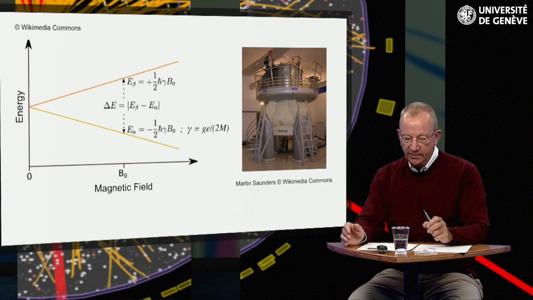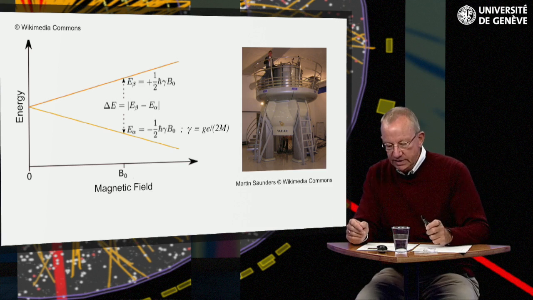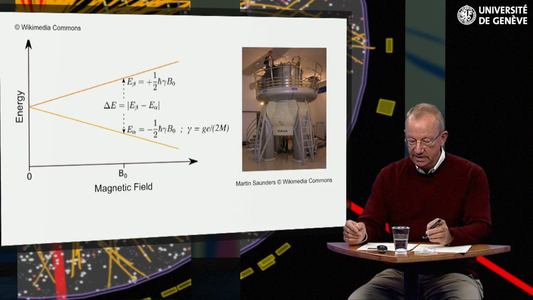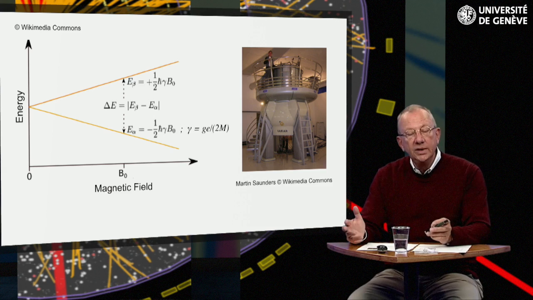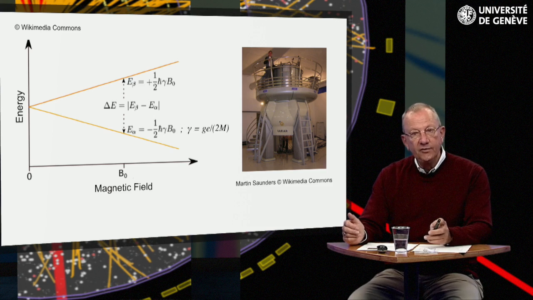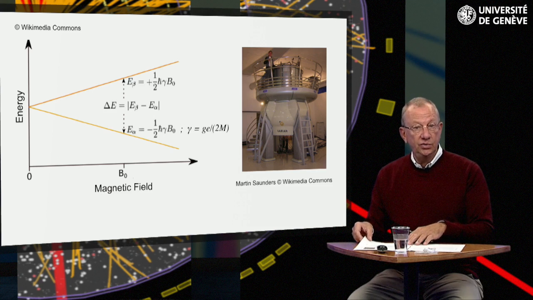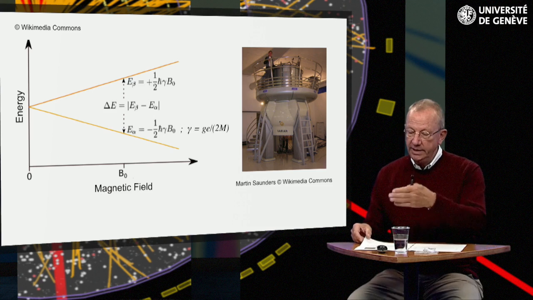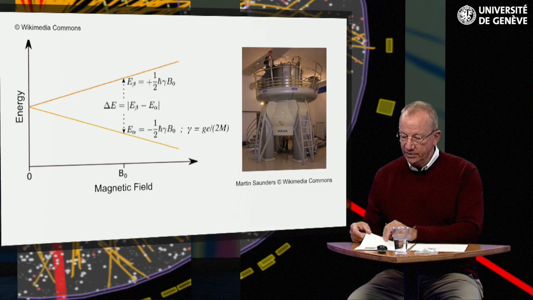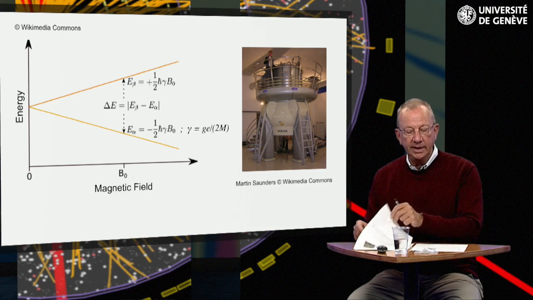A photon can thus be absorbed by the nucleus if its frequency corresponds to this resonance in the range of radio frequencies if B0 is a few Tesla. This resonance can then be used to do what is called nuclear spectroscopy, and you see a nuclear spectroscopy apparatus in the image on the right.